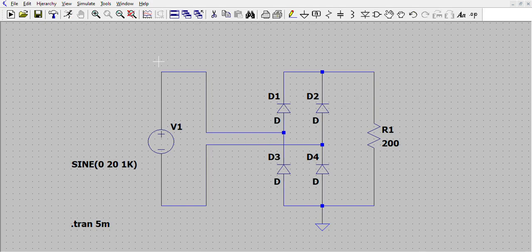And we get to see the result of the output in this circuit. The average voltage for the circuit is 11.226 volt.